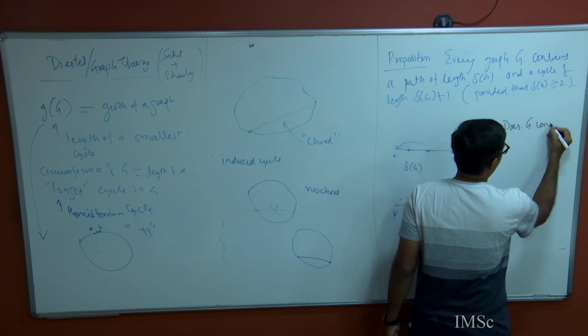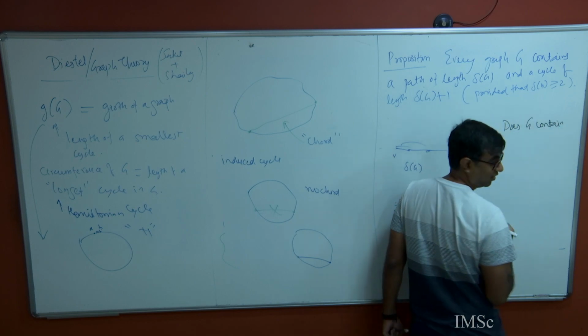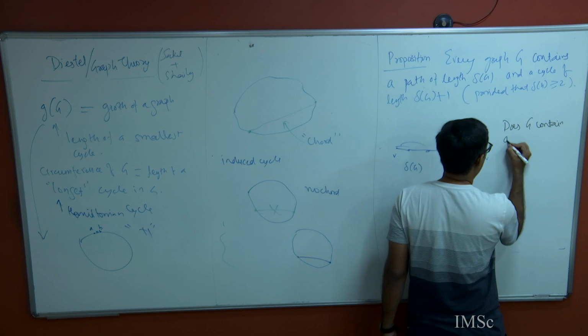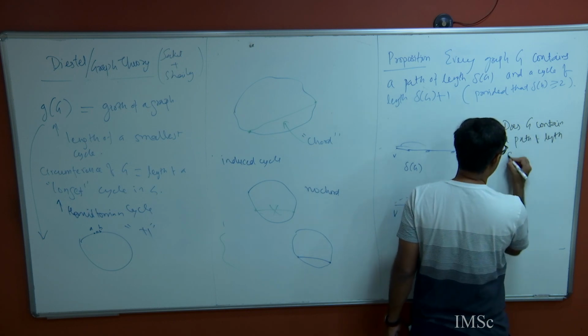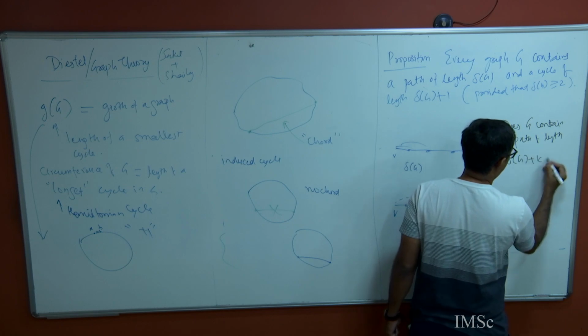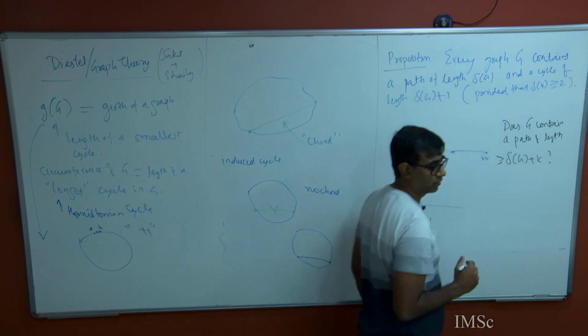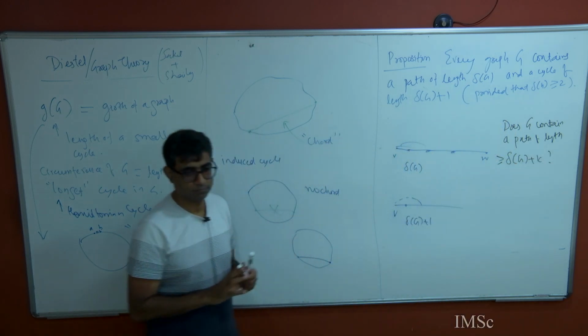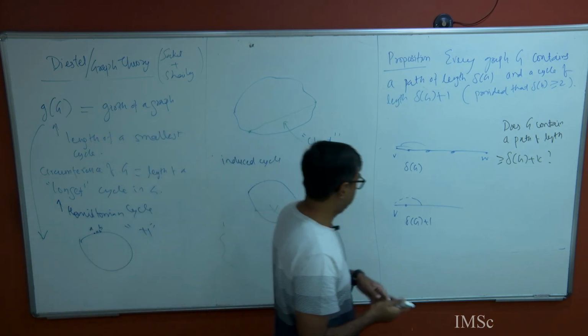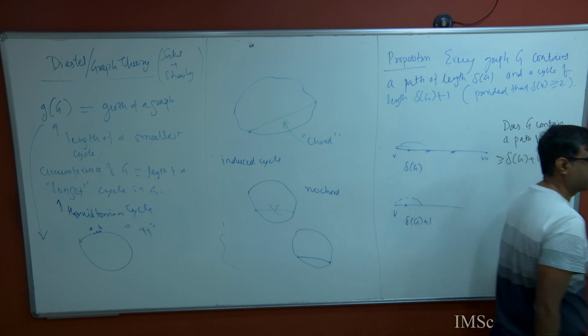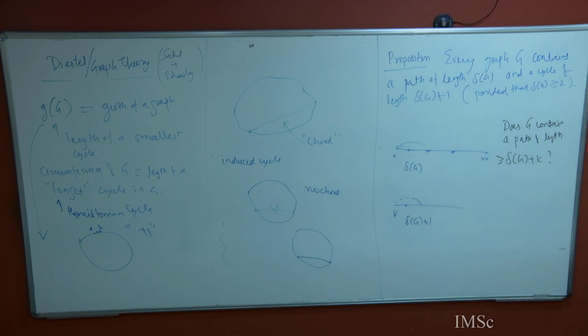Does G contain a path of length at least delta G plus K? Natural, no? I want to know whether it contains a path of delta G plus 1, delta G plus 2, or delta G plus 5.